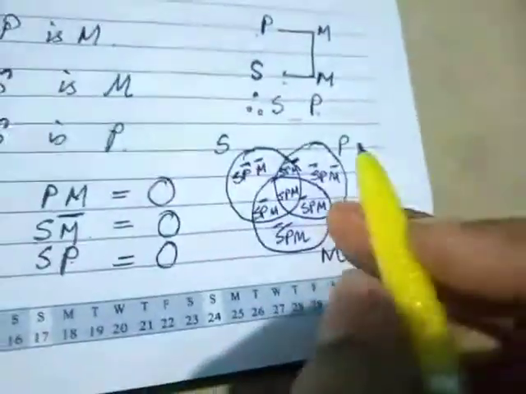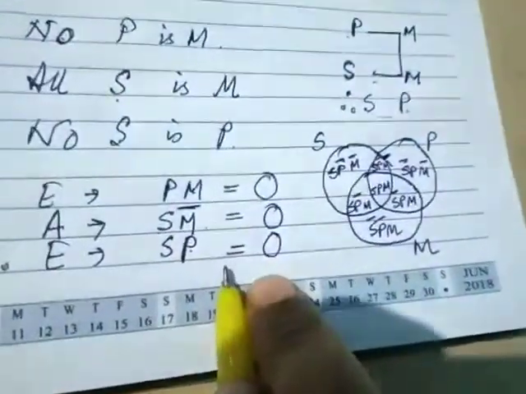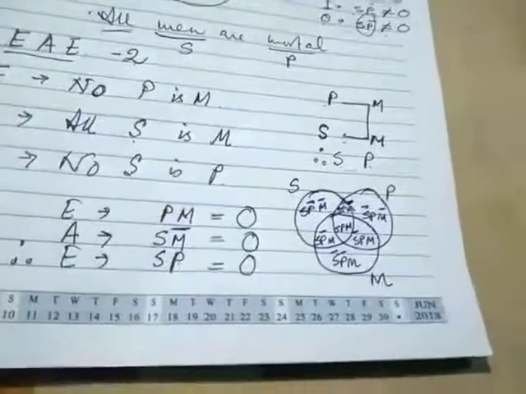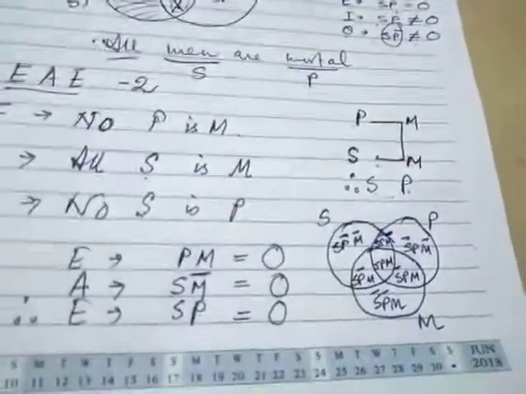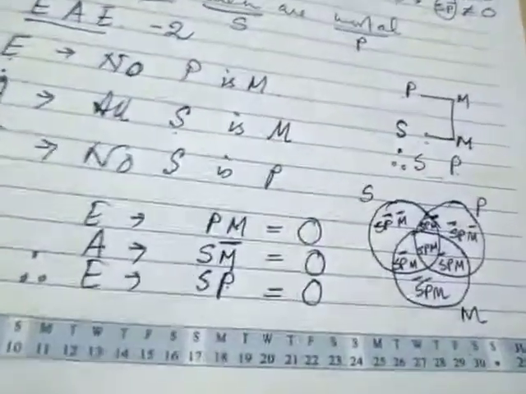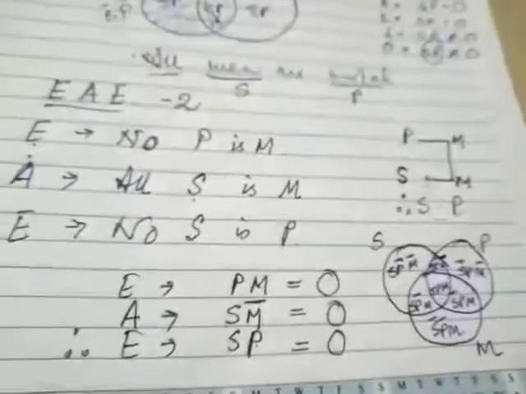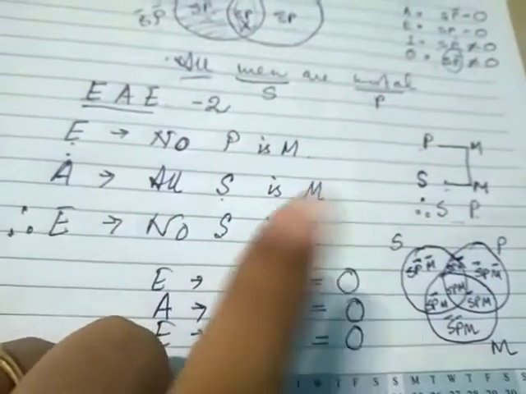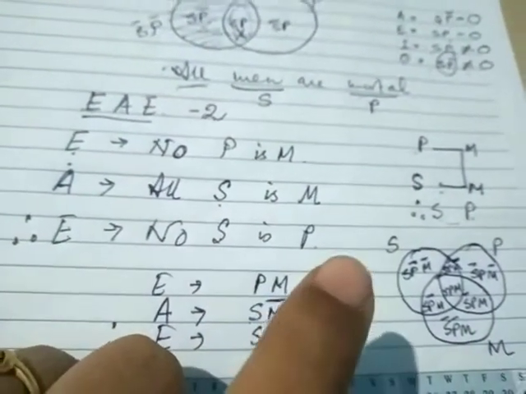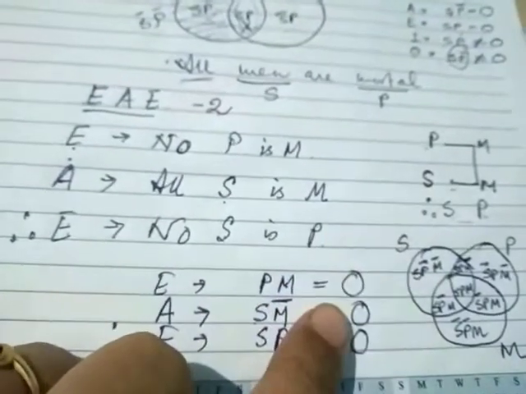Okay. Now I have to find out. First of all, you remember this, we won't draw the conclusion. The conclusion will automatically be drawn after drawing the 2 premises, and we have to see in the 2 premises, here you can see both are universal propositions, but if there is one universal and one particular, then we have to draw the universal one first.